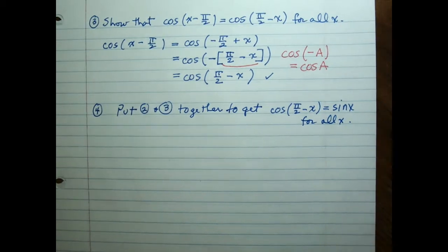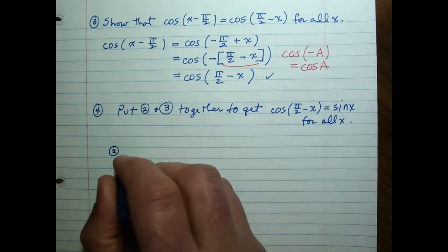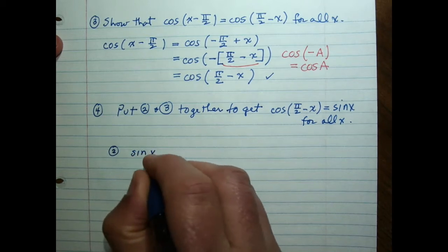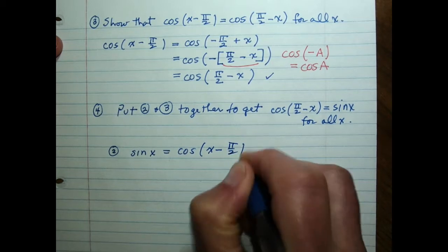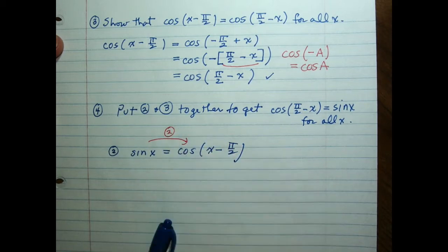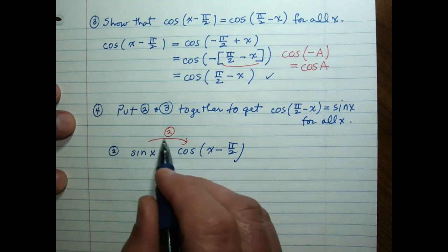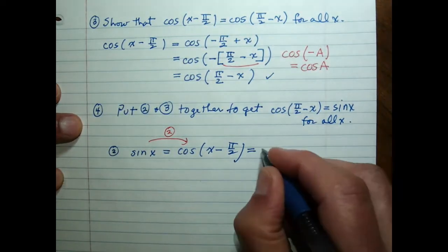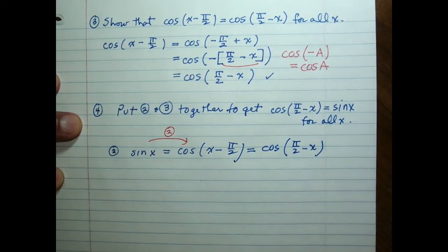Number 2 was, from number 2, we have sine x is equal to cosine of x minus pi over 2. So going from here to here, that equation was our second part of our work we've done here, step 2. In 3, we showed that cosine of x minus pi over 2 is equal to cosine of pi over 2 minus x for all x.